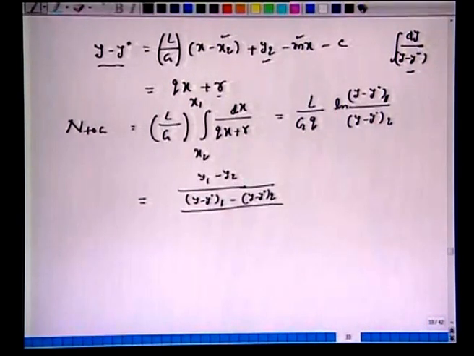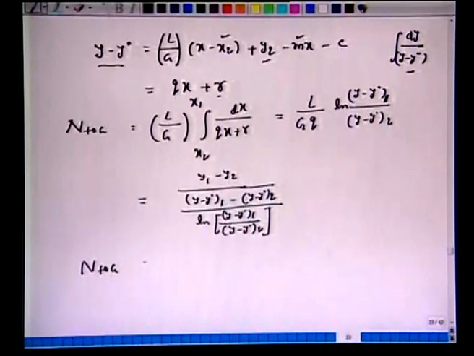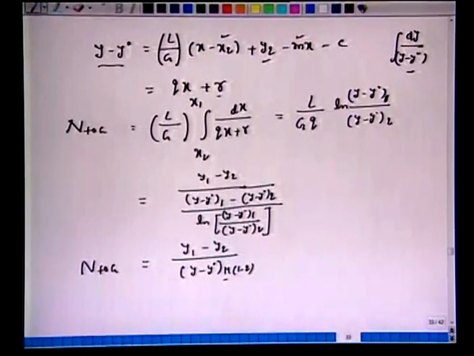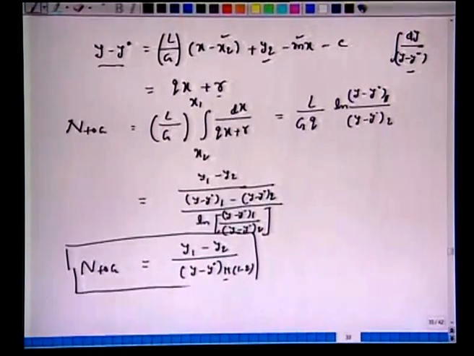We get y minus y star at 1 minus at 2, over ln of y minus y star at 1 over y minus y star at 2. So, we have a simple expression for a very special case when the equilibrium curve is linear and we have dilute solutions: y 1 minus y 2 over the logarithmic average of y minus y star between 1 and 2. This is the expression one can obtain analytically for the number of transfer units.